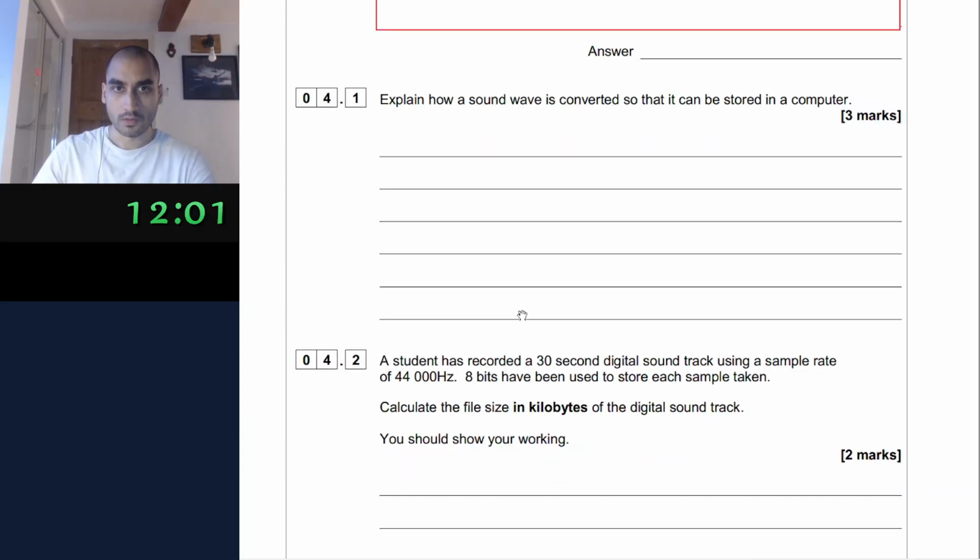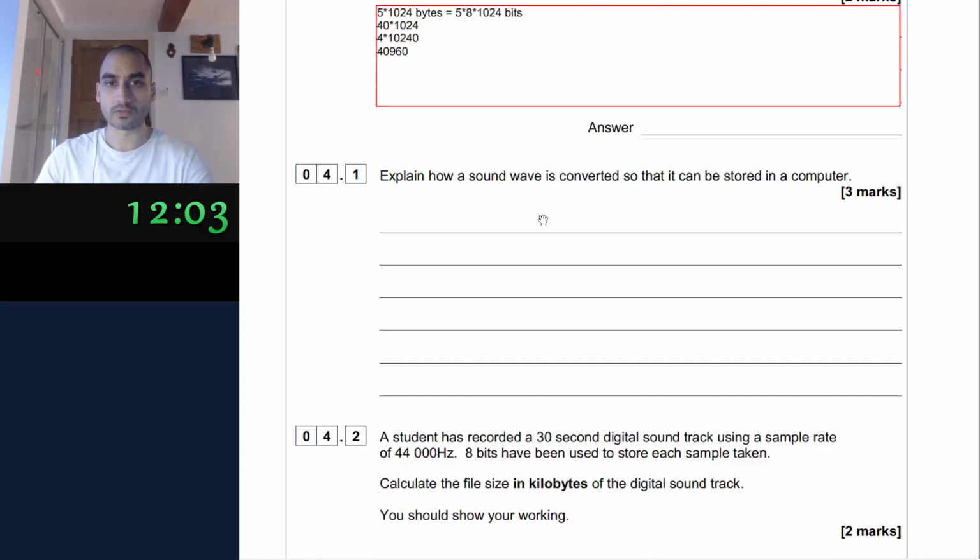Explain how a sound wave is converted so that it can be stored in a computer.